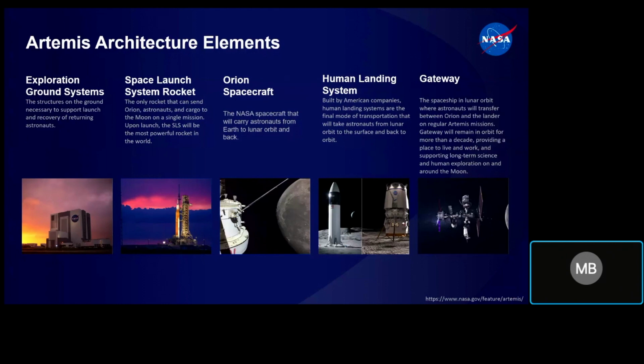Another second big element of the mission is, of course, the SLS rocket. And it's providing our first stage and second stage boost, as well as the in-space propulsion that's going to send the Orion capsule to the moon.